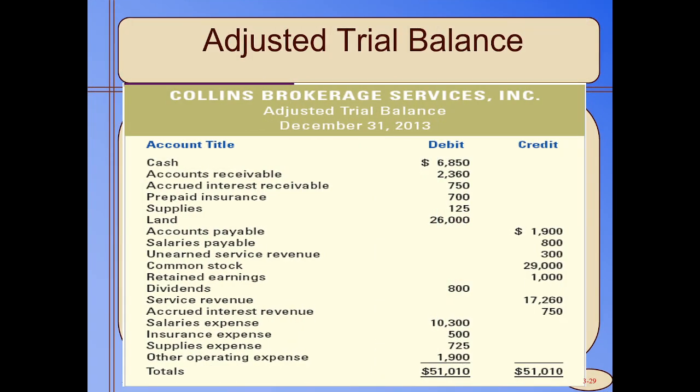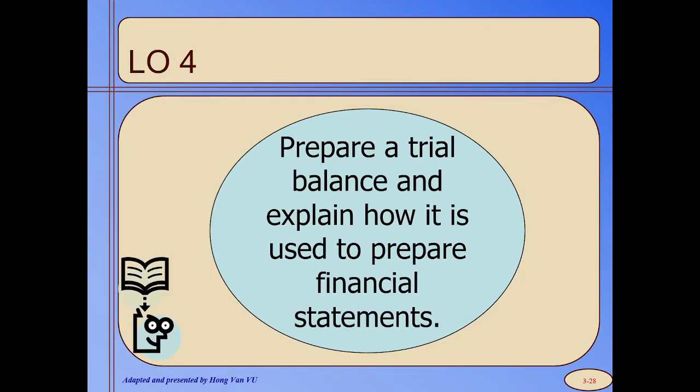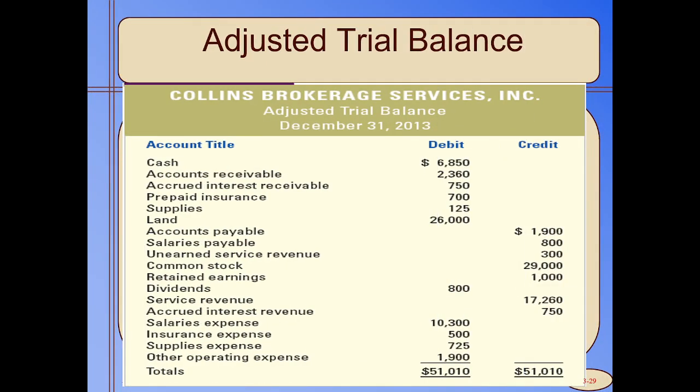So now we move to learning objective number 4. We will learn how to prepare a trial balance and explain how it is used to prepare financial statements. In order to test whether the sum of the debits equals the credits in the general ledger, the accountant regularly prepares an internal accounting schedule known as a trial balance.